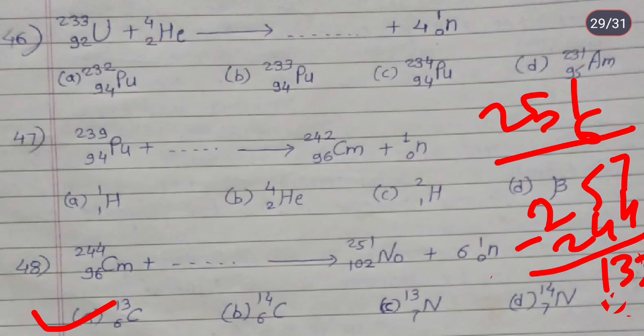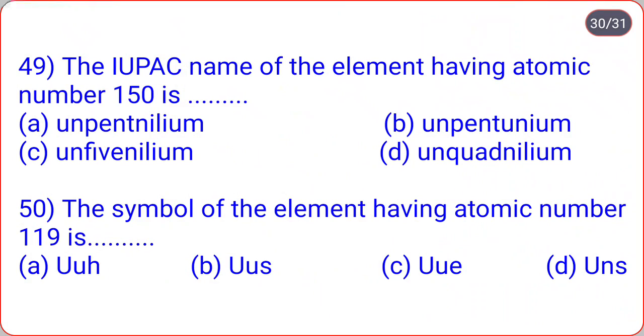The IUPAC name of the element having atomic number 150. The long form of IUPAC is International Union of Pure and Applied Chemistry.